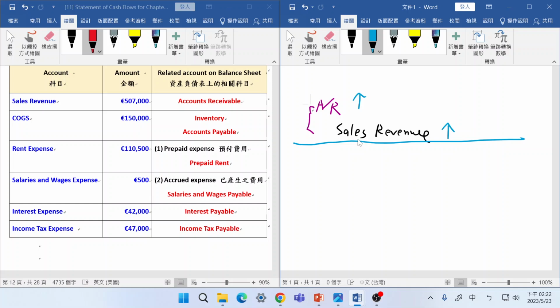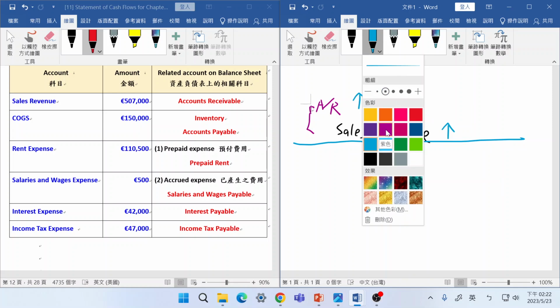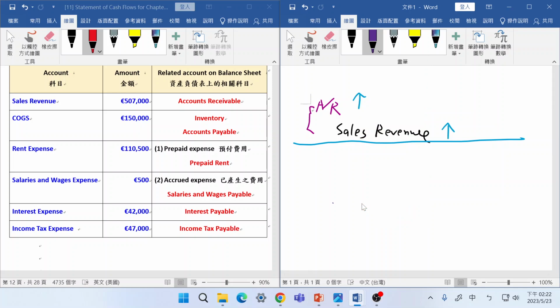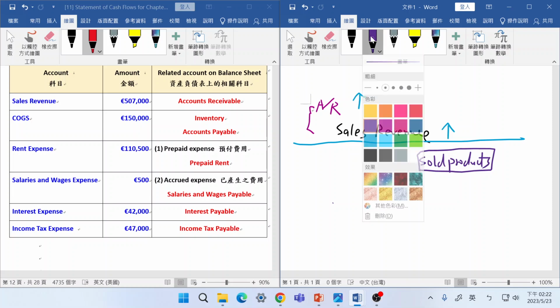How about cost of goods sold? Why do we need two accounts to help, inventory and accounts payable? Remember, what kind of situation do you have a cost of goods sold? When you sell the products, right? When you sold the products, you have a cost of goods sold.